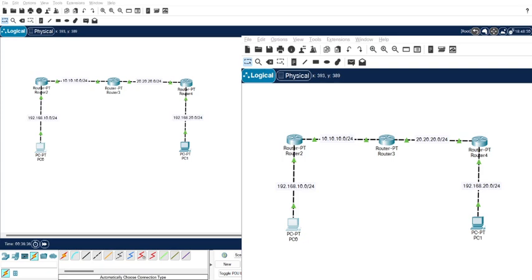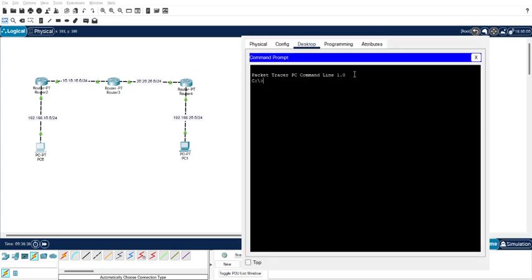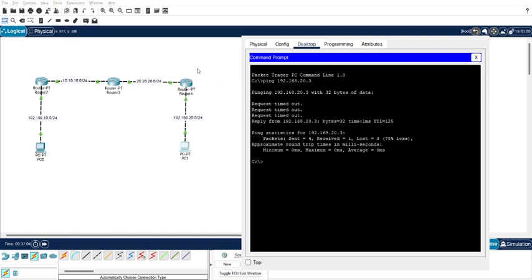Now let's try the route and ping our friend. There is a common issue, and the first is request timeout. Wait, what is this? 20.3, 20.1.